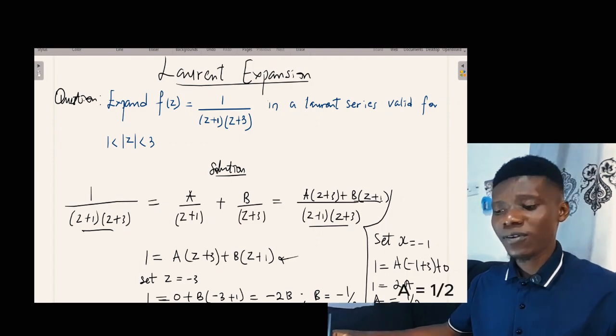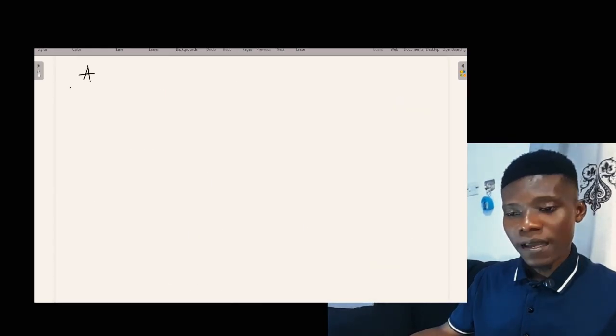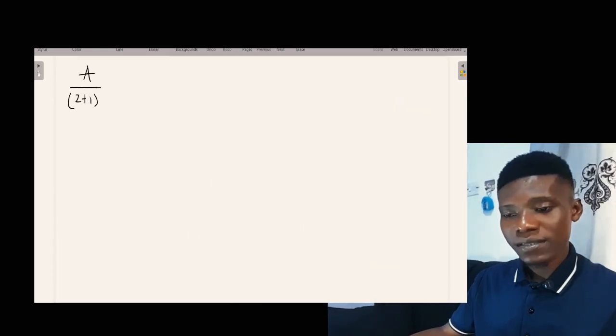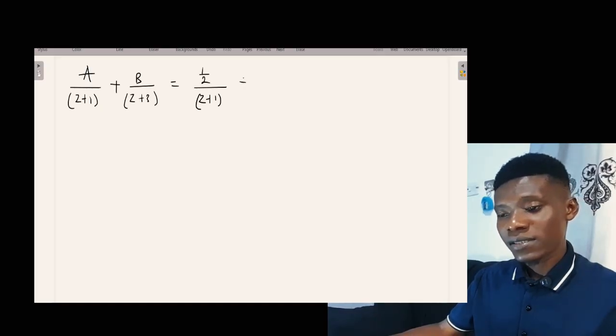Now that we know the value of a to be 1 over 2, let's substitute that into this expression. So a over z plus 1 plus b over z plus 3 is now the same thing as 1 over 2 times z plus 1, plus b is minus 1 over 2 over z plus 3.